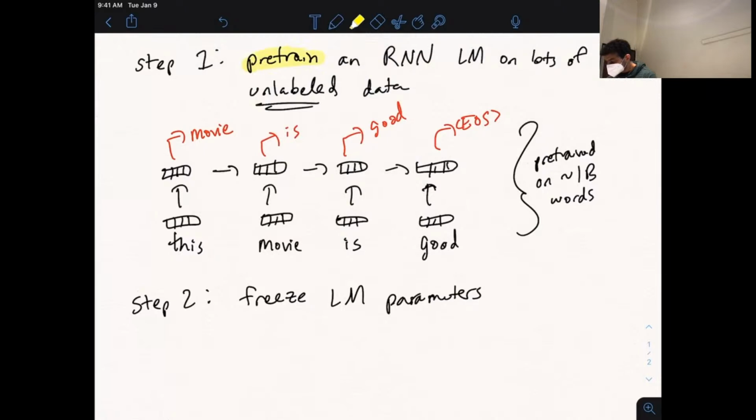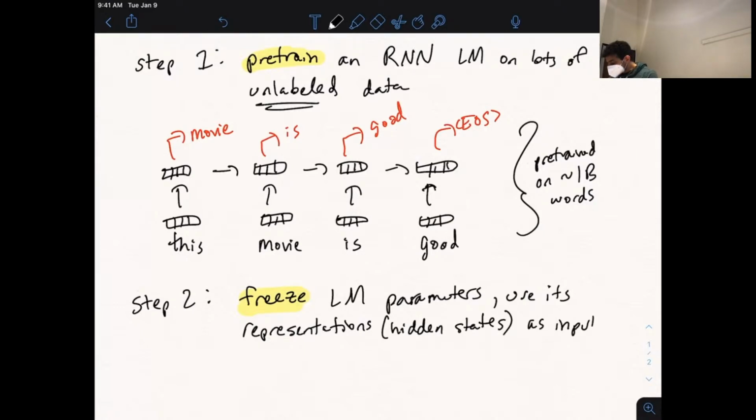So first is pre-train, second is freeze the LM parameters, and use its representations. By representations here, I mean the hidden states as input to a task-specific model.